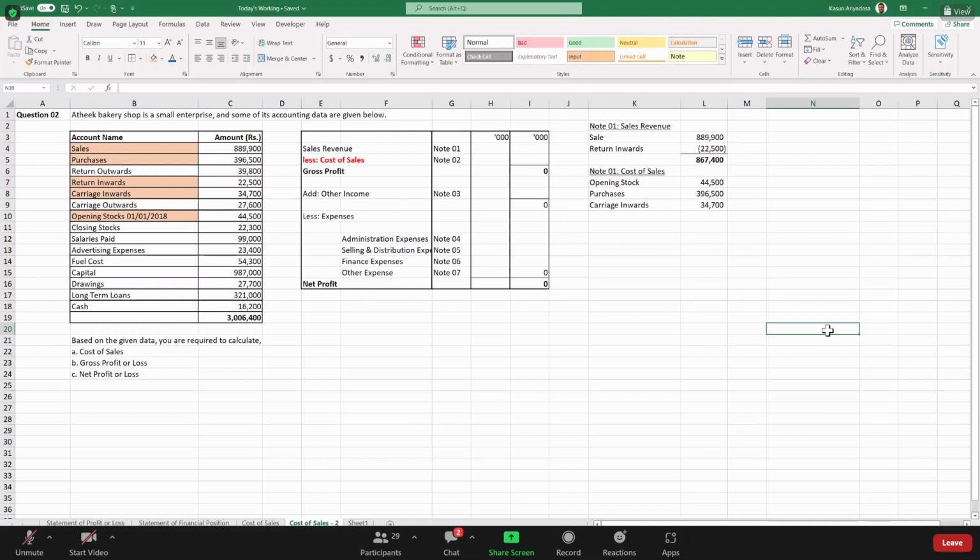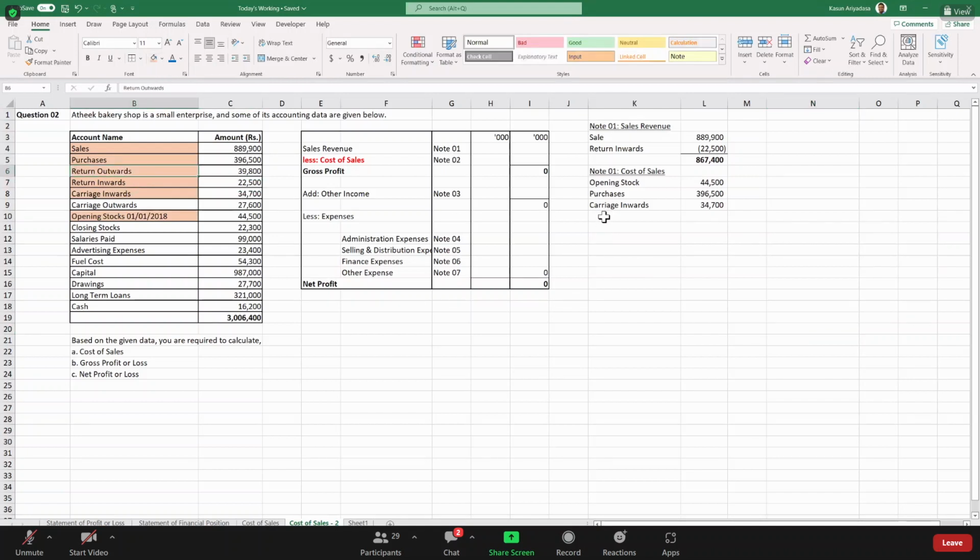Now we have these opening stocks. We bought some stocks, and then we brought them to the stores by incurring carriage inwards. Then we need to see whether we have any return. Purchases are coming in, and purchase returns are going out. So purchase return is also called return outwards.